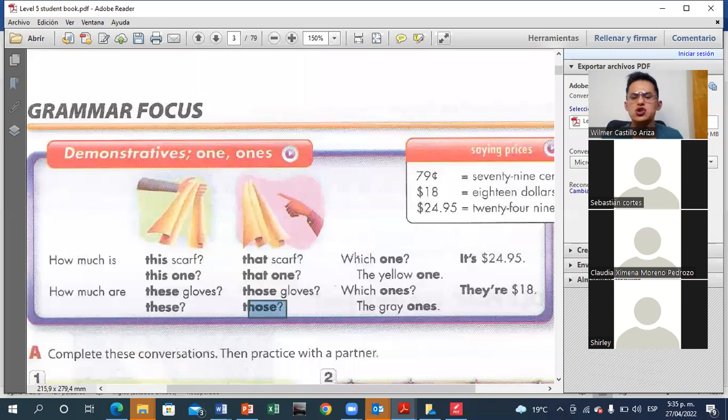Ahora, which one significa cuál, y which ones, cuáles. The yellow one, la amarilla. The gray ones, las grises. It is, or it's, and they are.